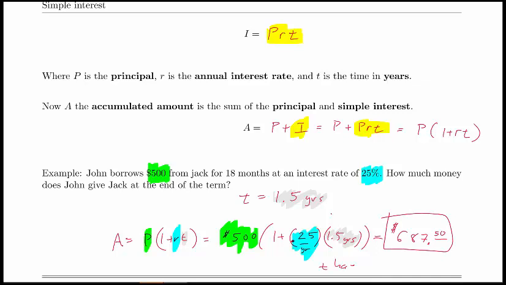Note that that is $187.50 extra. Why is it extra? That is the interest. That is the cost that John pays for getting access to $500 before he actually is able to earn it. So that's how that works.